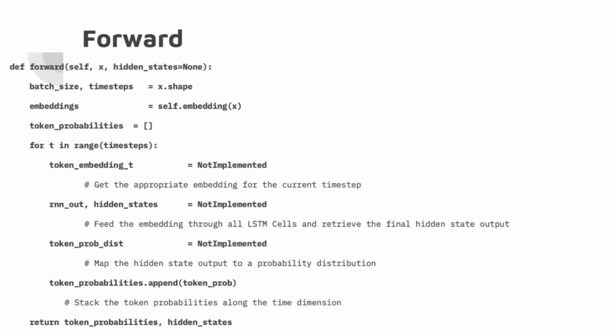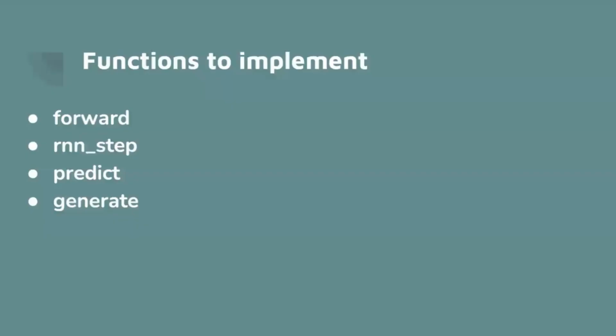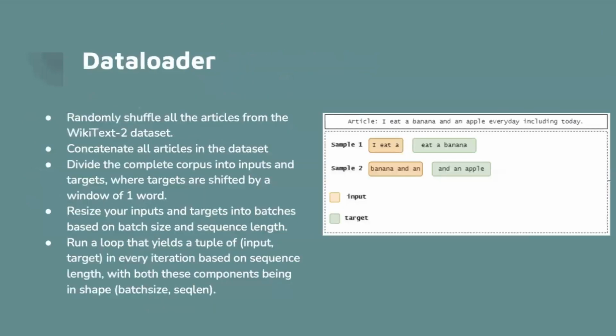So if you look at the data loader, if your input sequence is I eat a, you're not just going to predict banana, you're going to predict eat a banana, right? Because from I we predict eat, from eat we predict a, from a we predict banana. So if your input sequence has three words, then your output sequence should also have three words. That's why we have a list.